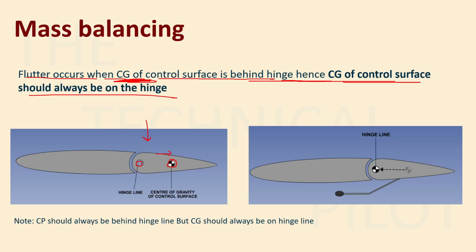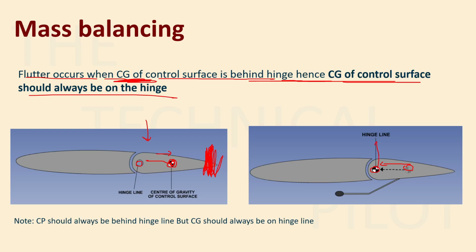If the center of gravity is here, then it can cause flutter. The surface will flutter like crazy, right? So the CG should never be behind the hinge line, or else what will happen? Flutter, right? So the CG should be on the hinge line.